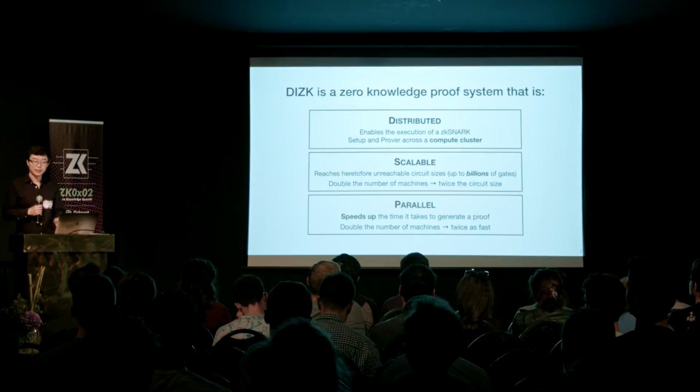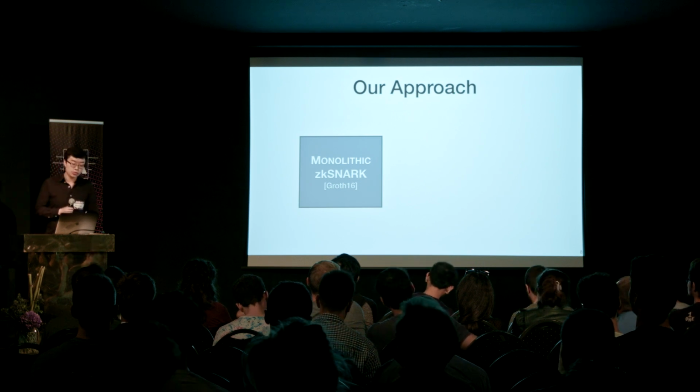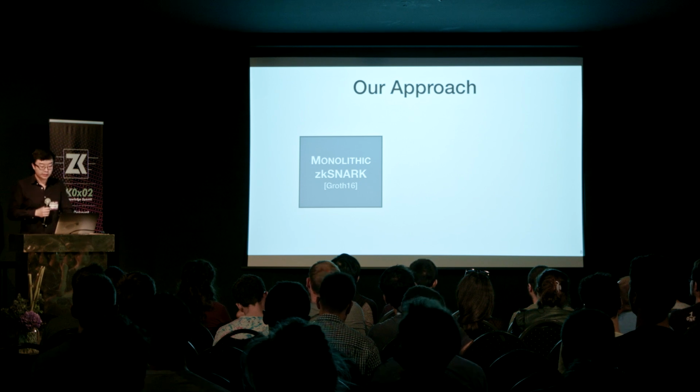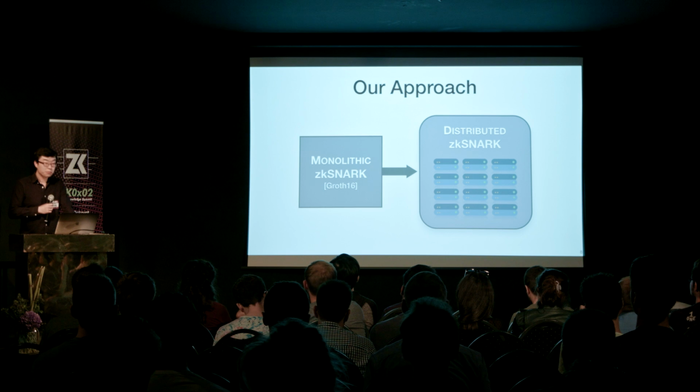So how did we do it? Well, the approach that we took was to take a monolithic zkSNARK, namely one by Jens Groth from 2016, and distribute it on a cluster of machines. Now, this approach seems quite simple. However, it turns out there were a lot of challenges to distributing the protocol.